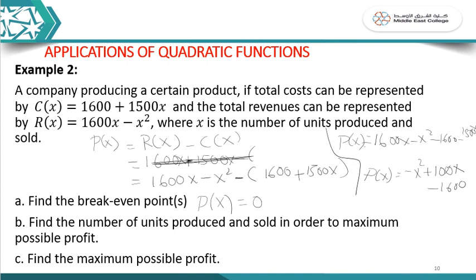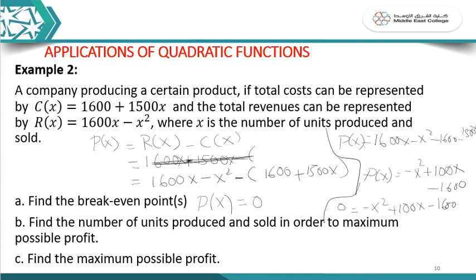Now I will set it equal to 0 for finding the break-even: minus x squared plus 100x minus 1,600. So I have to find the value of x by using the quadratic formula. By using the quadratic formula, I will get the value of x.